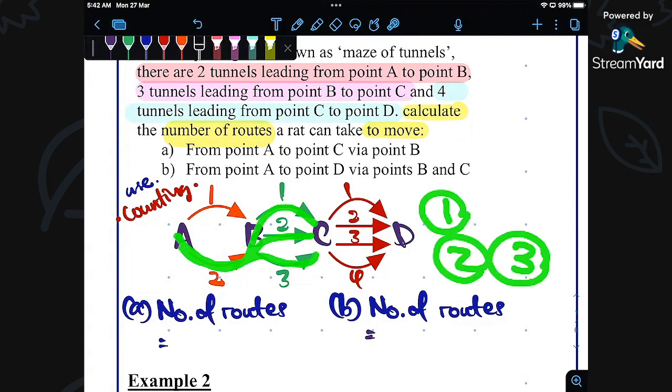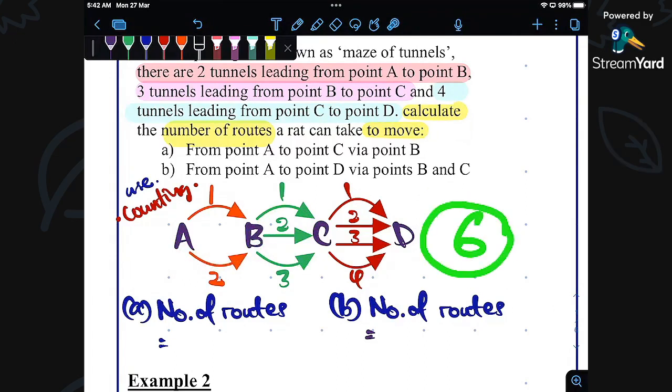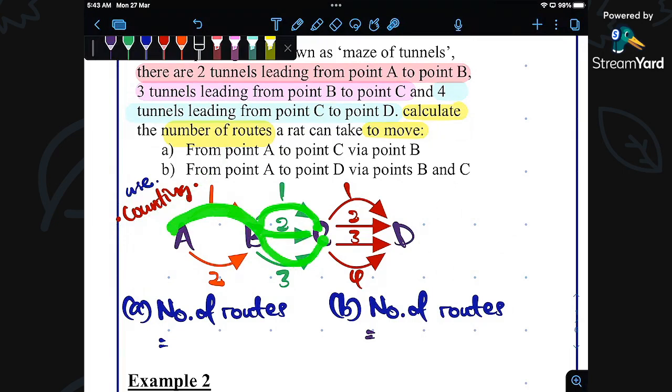So in total, we already have 6 routes. So that is the use of the technique of counting. We count every journey that the rat will use. So basically, it is just 2 times 3. We will get 6 to get the total journey from A to C. So we can write here, it is just 2 times 3. It will give us 6.